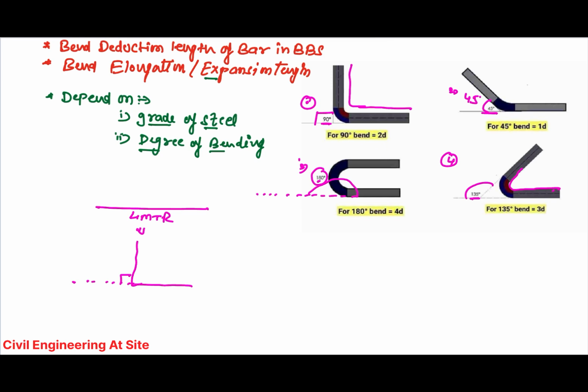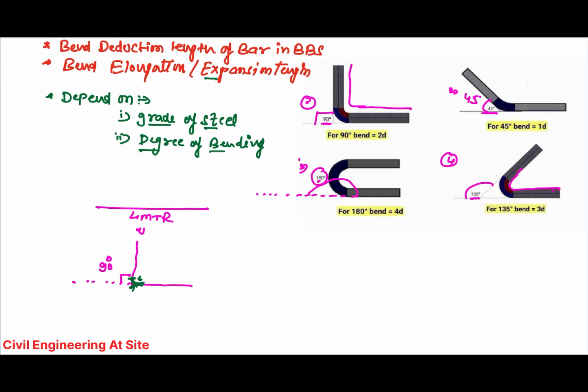If you make a bend here, the length will increase, because inside will be compression and outside will be tension, so the length of the bar due to stretching will be increased.